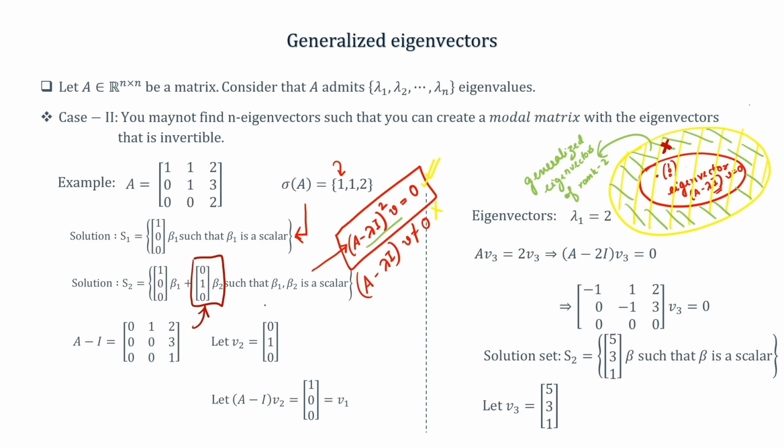So, I will consider that to be V2. Now, what is V2? We will form the matrix V1, V2, V3, where V1 is the first column, V2 is the second column, V3 is the third column, say. So, the second column I am choosing as V2. What is the third column?